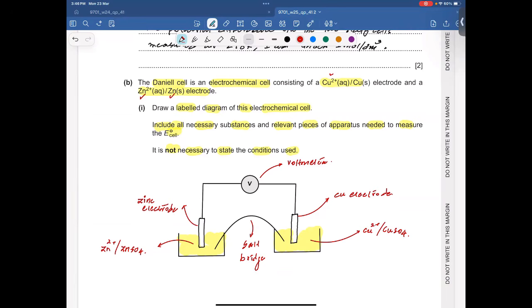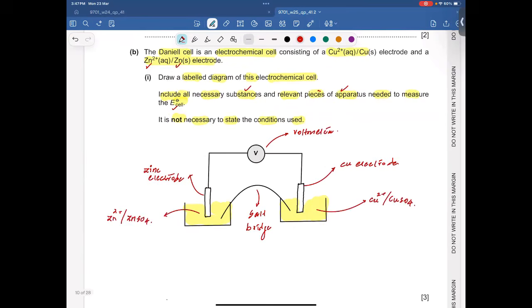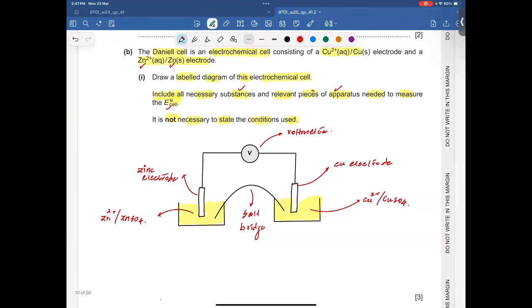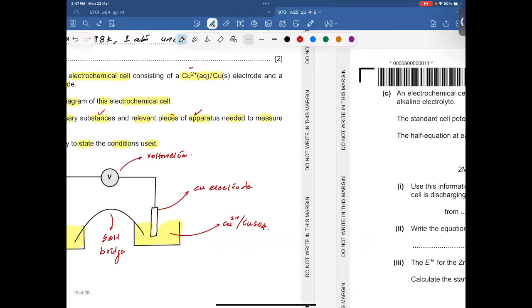So I've mentioned the substances and relevant pieces of apparatus to measure E naught cell. That's the only thing. Let's move on to the next part.